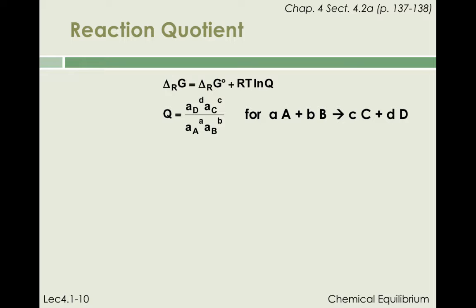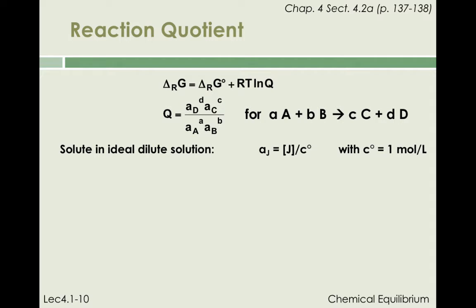First, we need to recall the definition for activities of species in different phases. For a solute in an ideal dilute solution, we equate the activity of J with the ratio of the molarity of J to the standard concentration, 1 molar, the standard molarity.